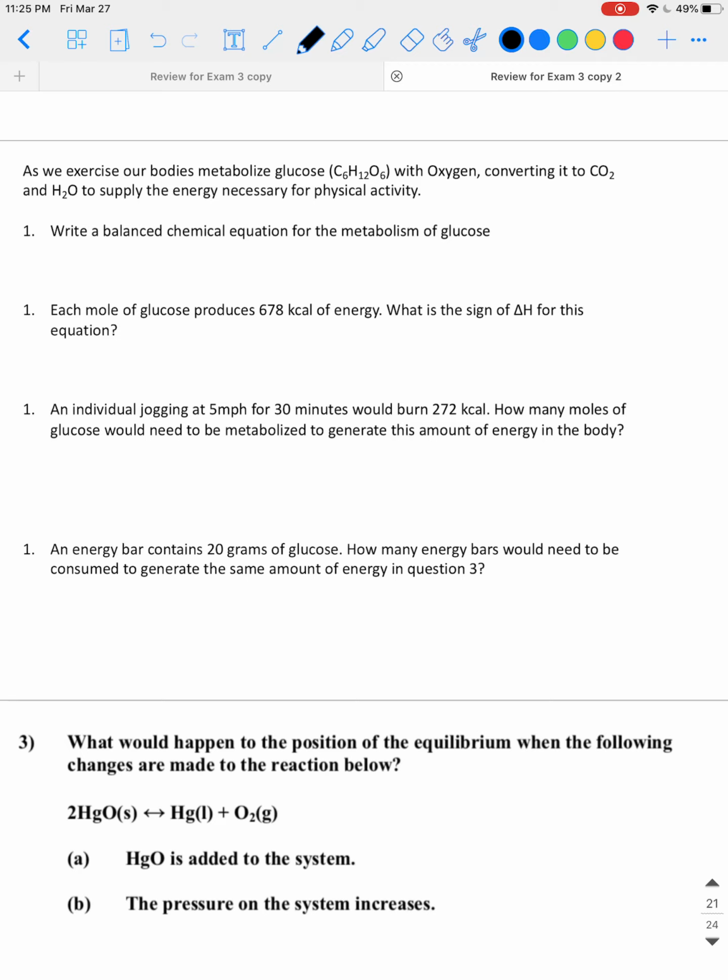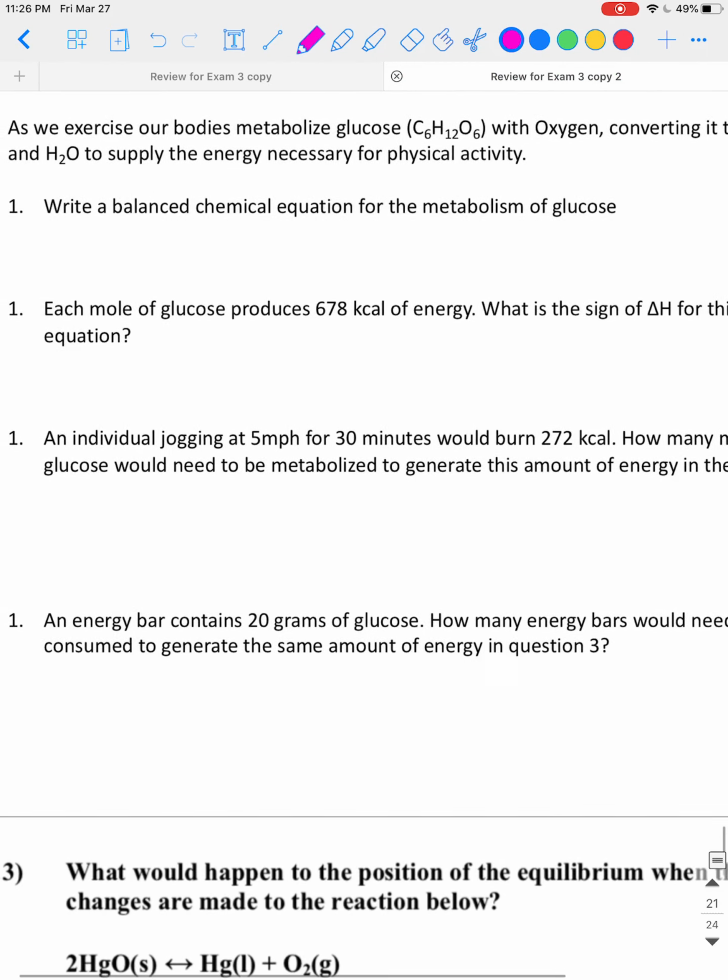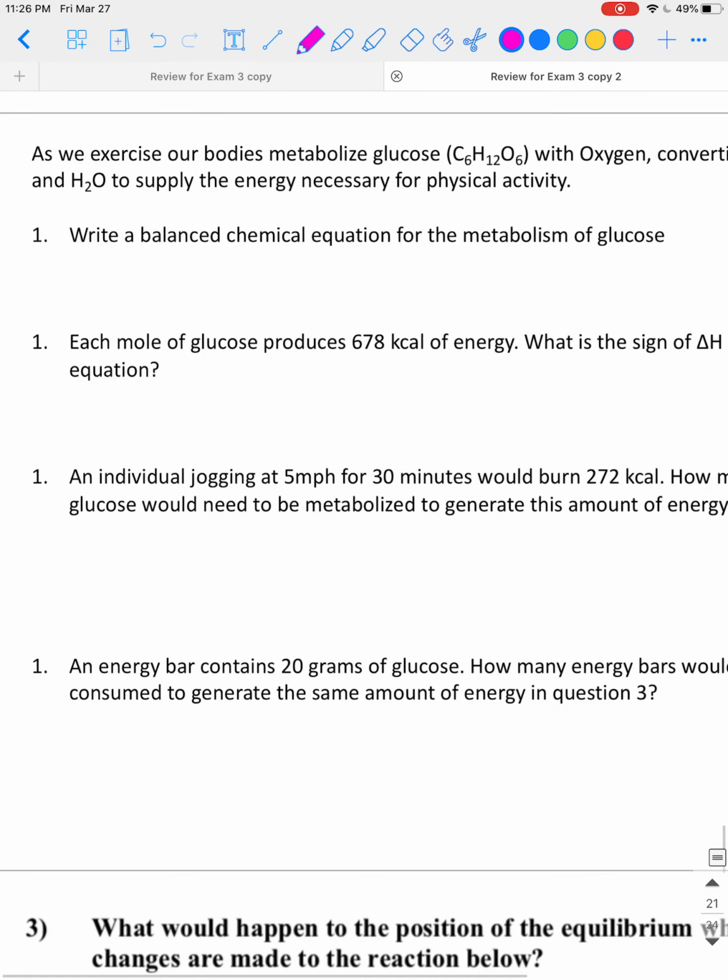If you don't understand what metabolism of glucose means, it's just glucose reacting with oxygen. So glucose reacting with oxygen is going to form CO2 and water. This is a combustion reaction because we're forming CO2 and water.